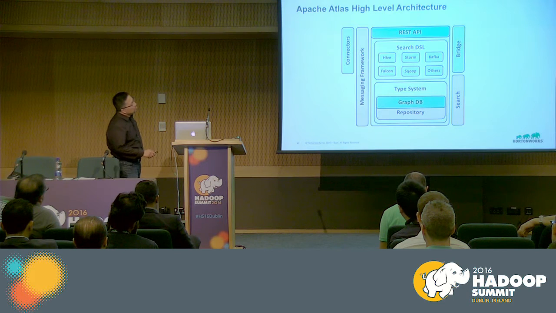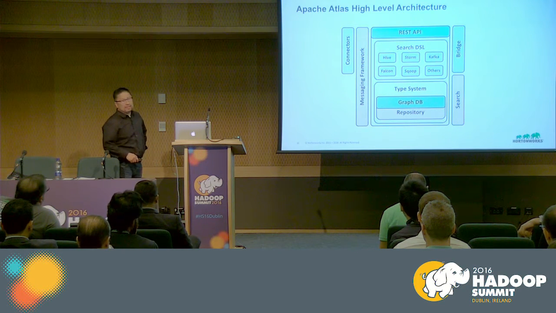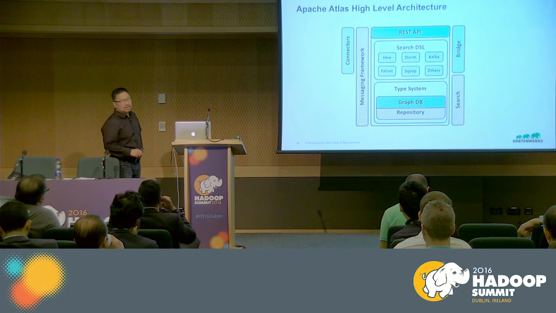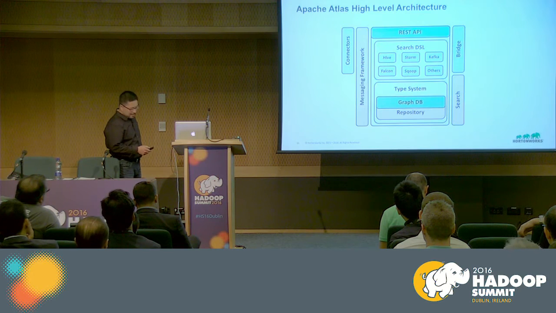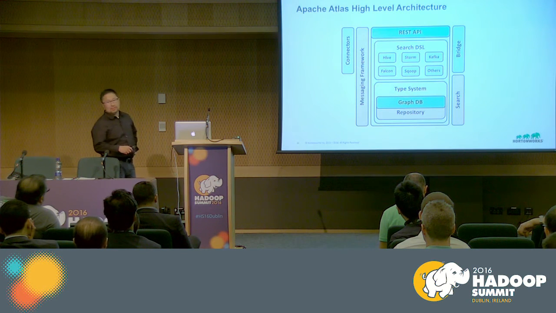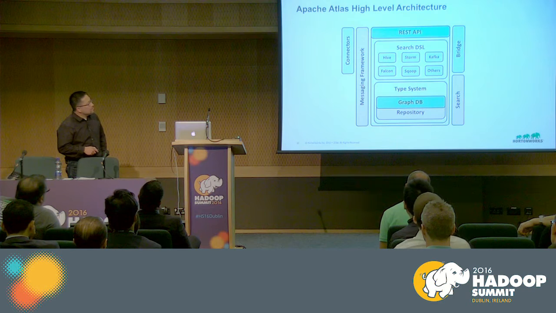Okay, we have another thing here called the bridge, and I'll talk about that in the next slide. But basically, that is part of our design pattern for all the hooks, and we'll talk about that later. And then the connectors are also called hooks, and there's a reason why, and I'll talk about that in a second. Let's see, REST APIs.